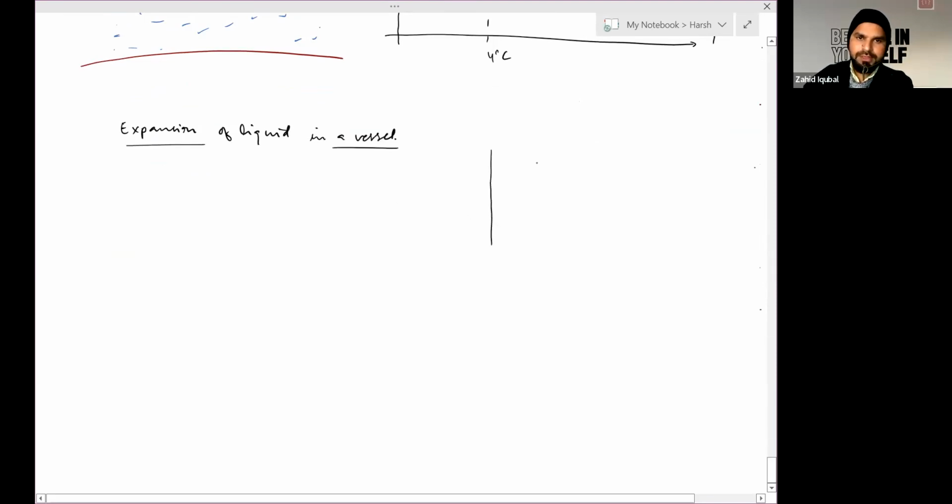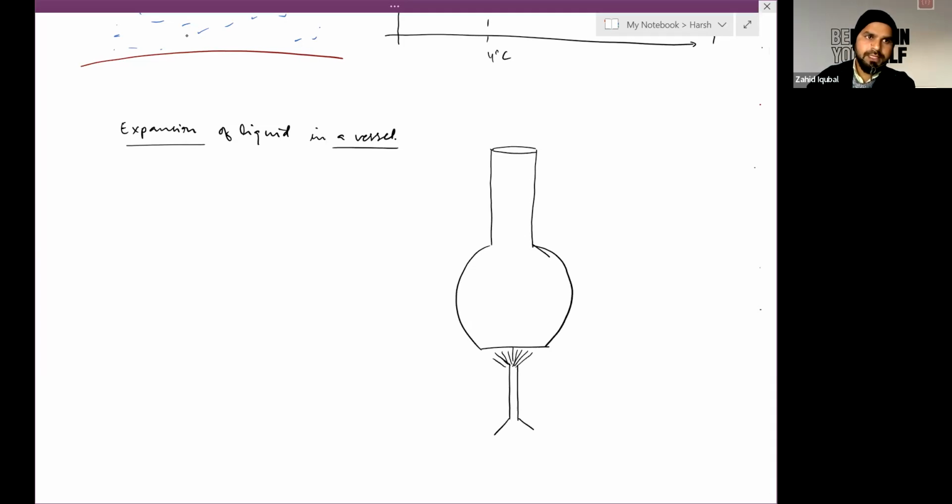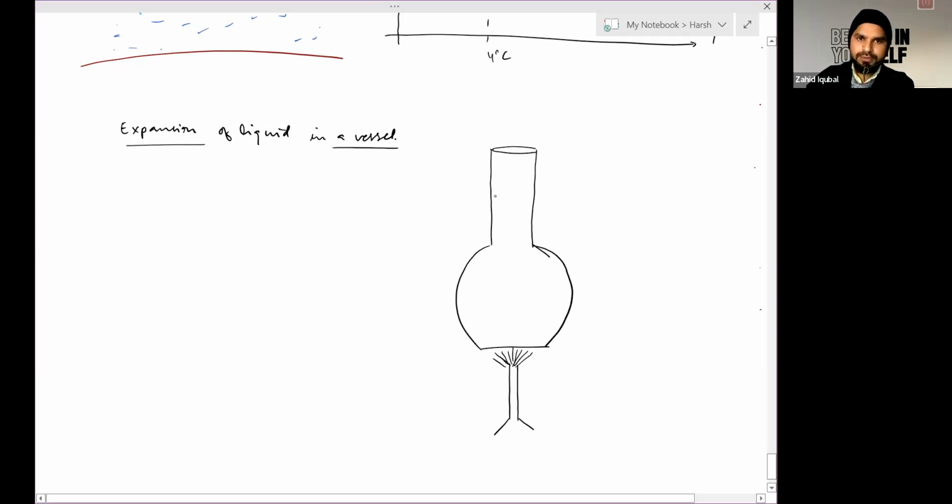Suppose there is a vessel like this, which is placed over a burner. Let's say the level of liquid initially is up to this point, A.